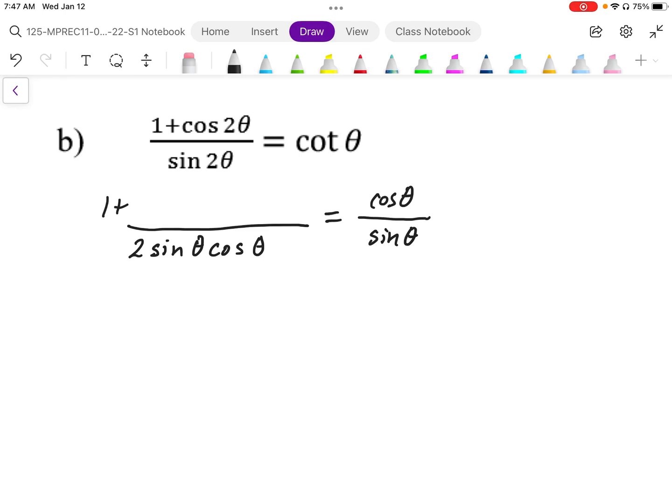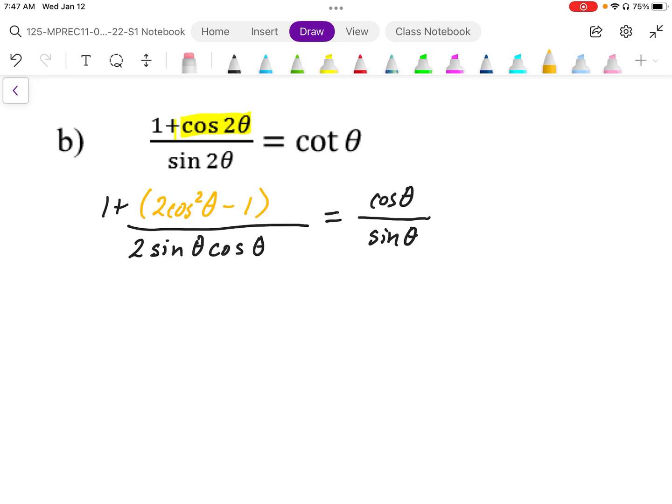Okay, so if I want this to look the same, I've got an extra plus here. So I want to use the double angle identity that will eliminate that plus. The double angle identity that I'm going to use for this cos 2 theta is 2 cos squared theta minus 1.